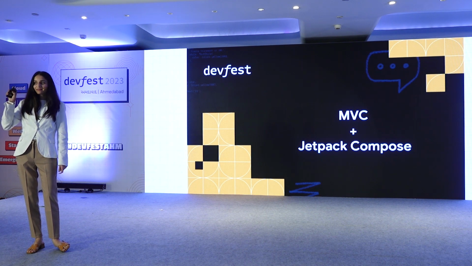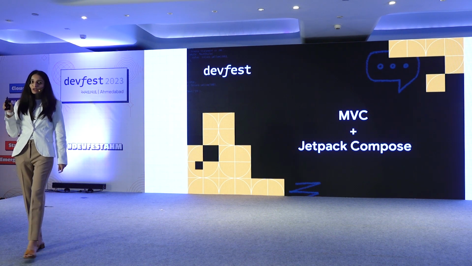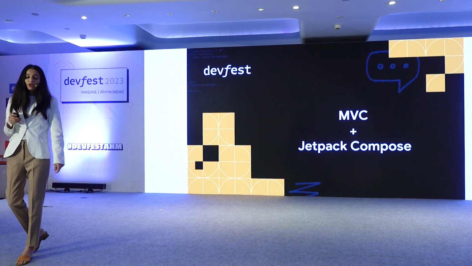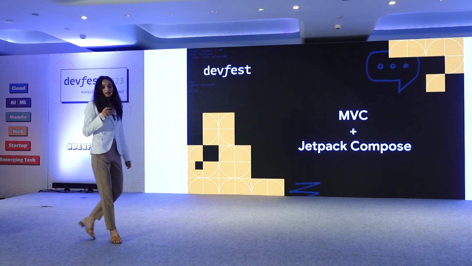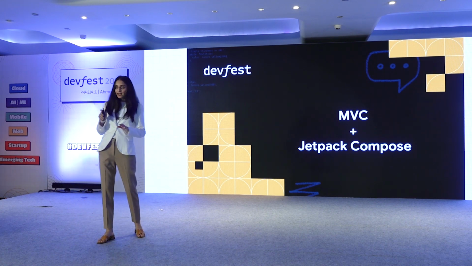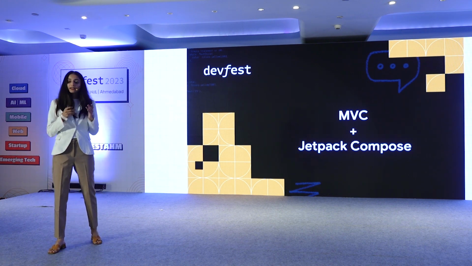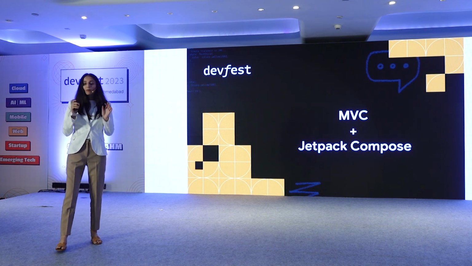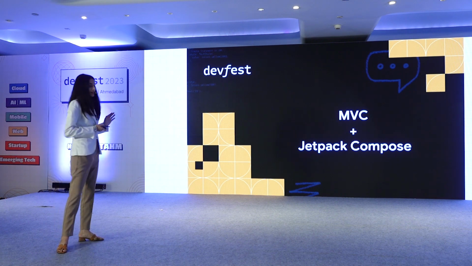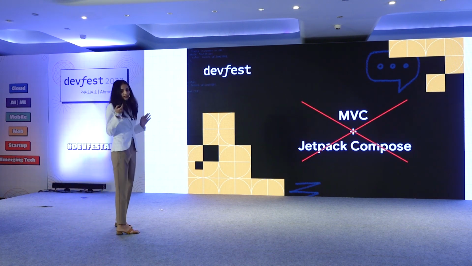Anyone? Okay. So MVC is imperative. We are just getting a series of steps and method calls. And Compose is purely declarative. Both are opposite to each other, and that's why we can't work in this way.